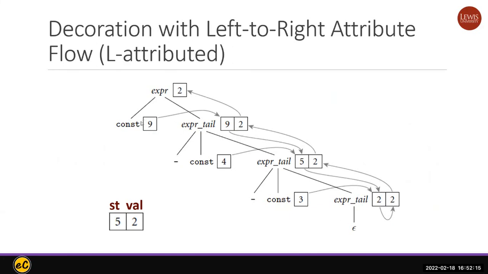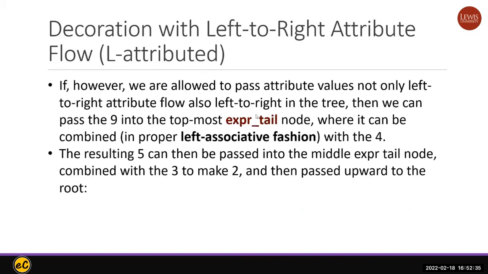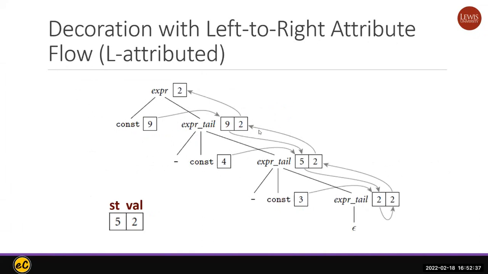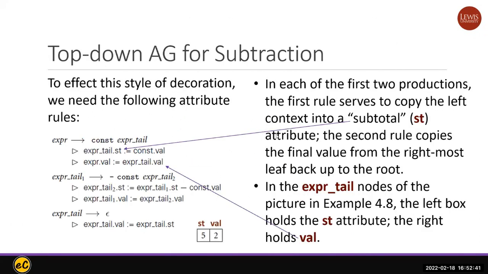From the left, you pass it over. You take the value from your big brother, the previous ST result. So this ST is an L attribute. Using the L attribute, you can pass the value to it, but value is an S attribute. So with the help of the L attribute, you are able to evaluate this parse tree, okay.